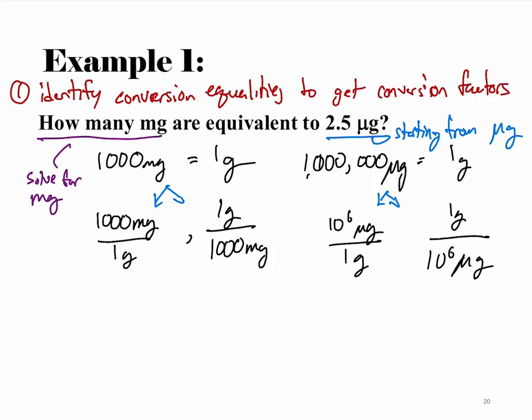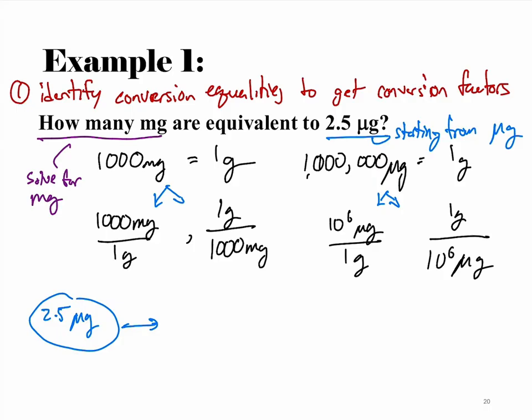And so we can set up a little flow chart of how we're going to get from one unit to the other. Before even plugging anything in, we can say we're going to start from 2.5 micrograms. We don't have a conversion directly between micrograms and milligrams, right? We don't have that on hand. So we might need to do an intermediate step in between.